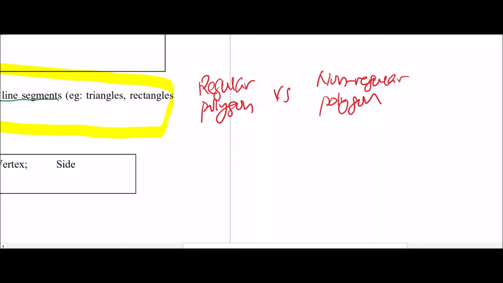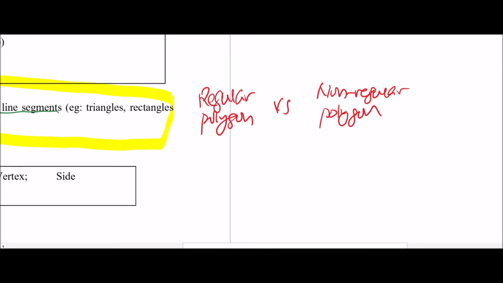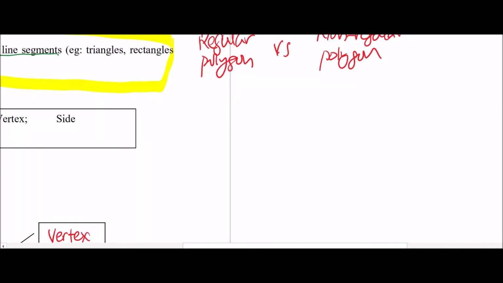Let's think about a pentagon. A pentagon is a five-sided shape, n equals 5. What you typically think of is something like this, a poorly drawn regular pentagon. By regular, we mean that every side is the same.